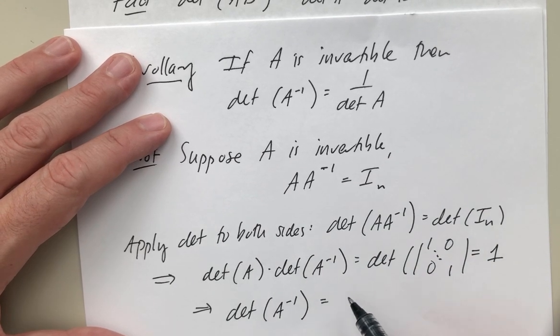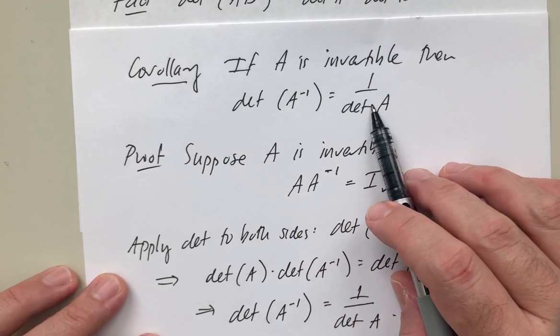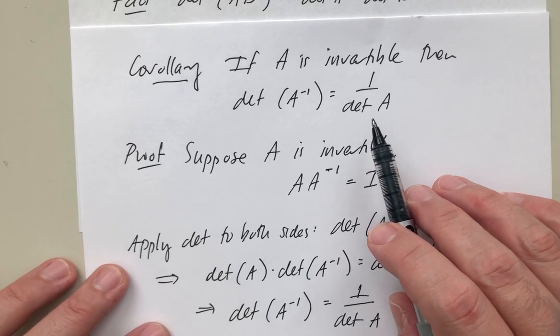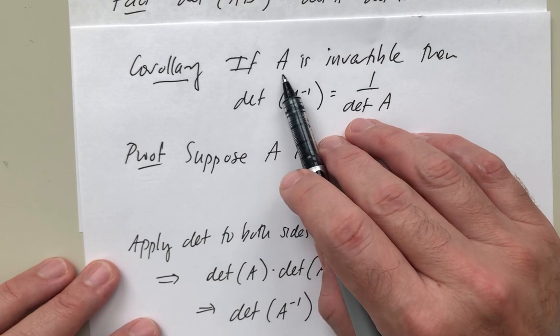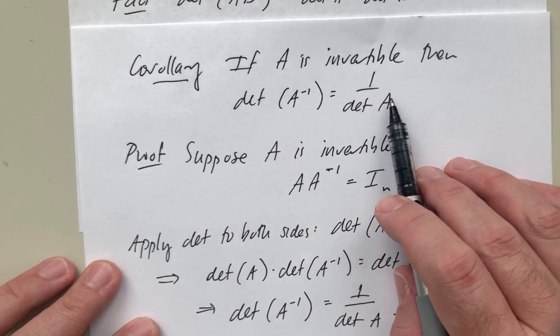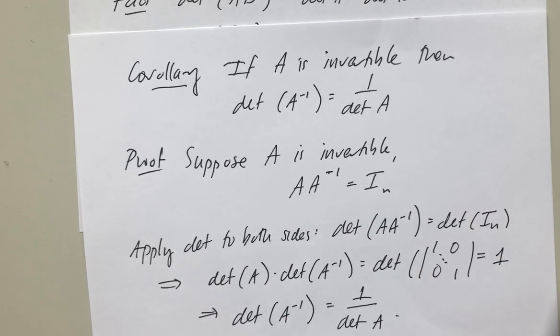Well, it's 1 divided by the determinant of A, as we claimed. Okay, so again, the determinant of the inverse of a matrix is just 1 divided by the determinant. And we know this number is not 0 because, remember, if A is invertible, the determinant is not 0. So this actually makes sense. Okay, so like I said, next time we'll justify some of these claims and talk about how row operations affect determinants. See you then.